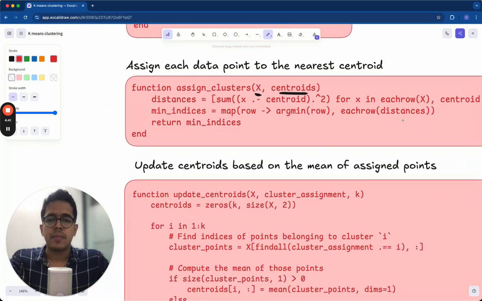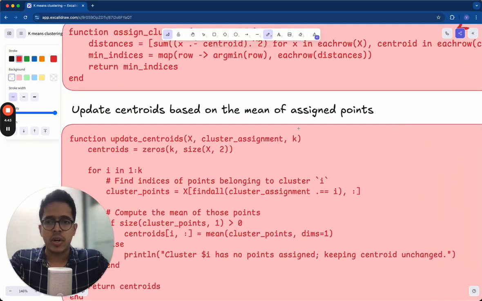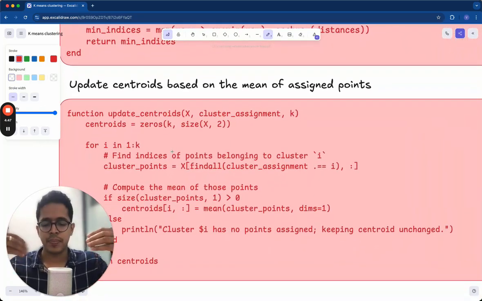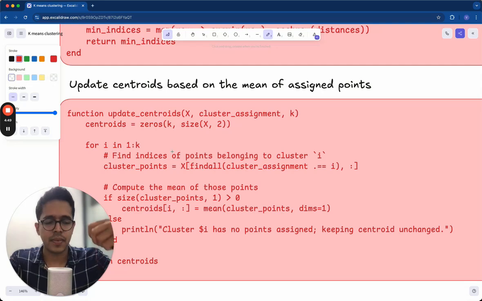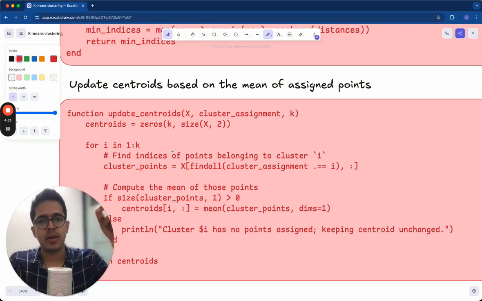Now, you're updating the centroid here. What this function does is, you now have the data points assigned to one of the clusters.